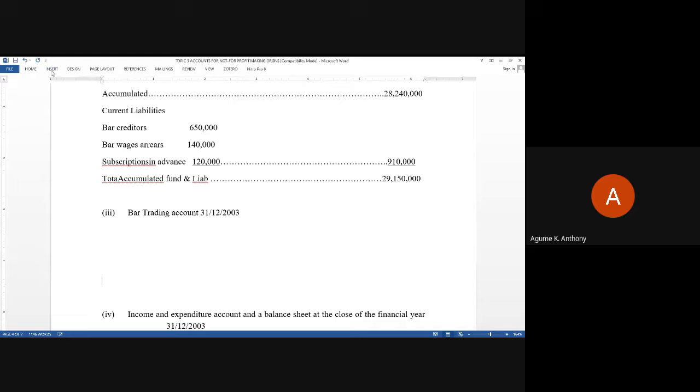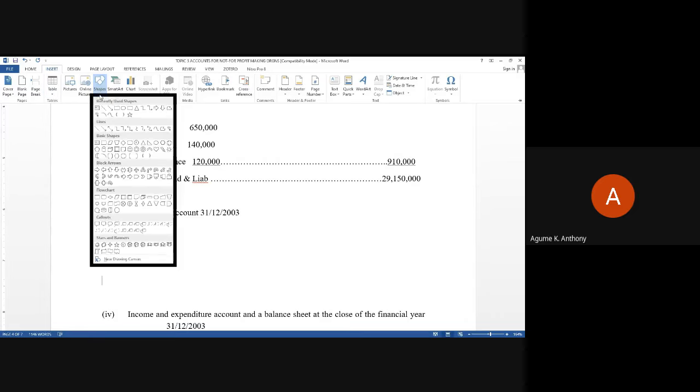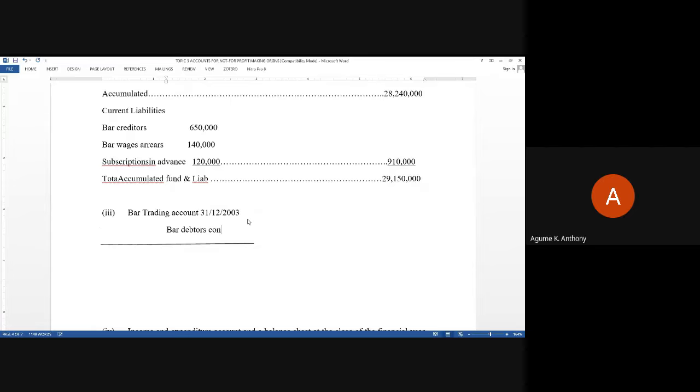So if I draw a ledger here for the bar debtors' control account, this is my bar debtors' control account.